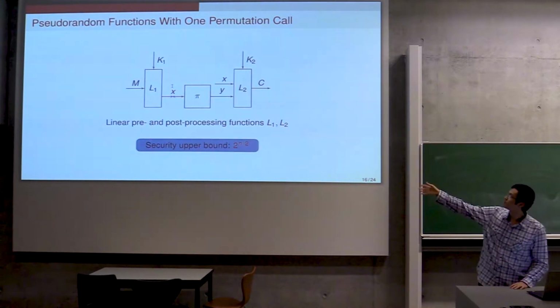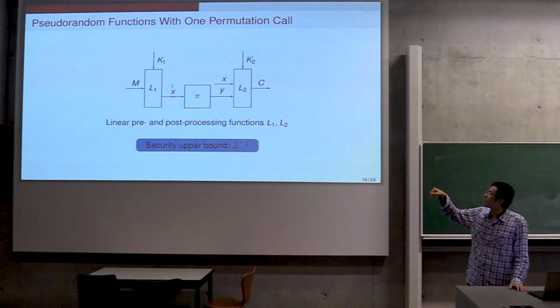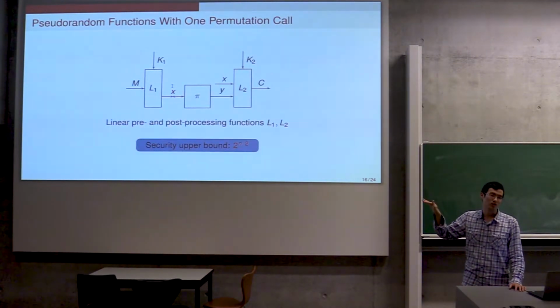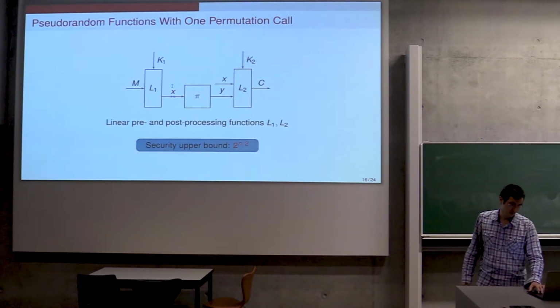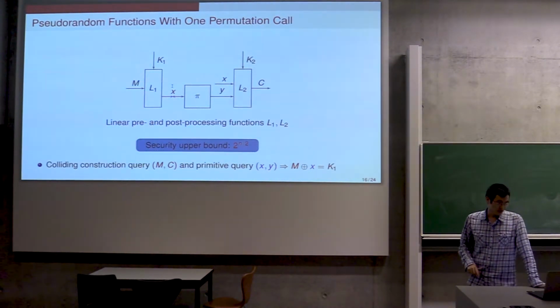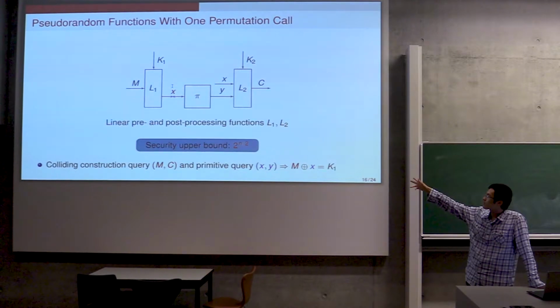This is the case where all the inputs to L1 and all the inputs to L2 have influence on the resulting construction. For more details, you can see the paper. But anyway, to break the thing in the birthday bounds, it's very easy.